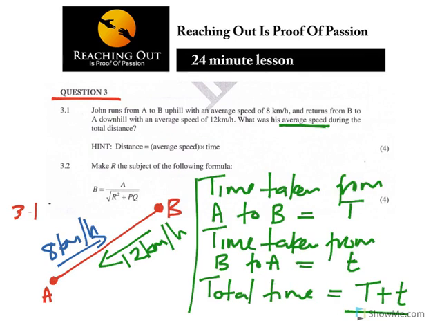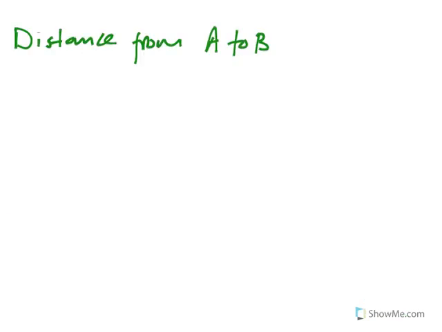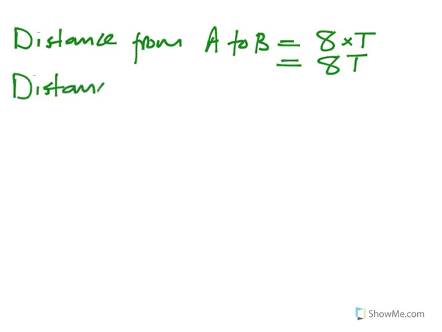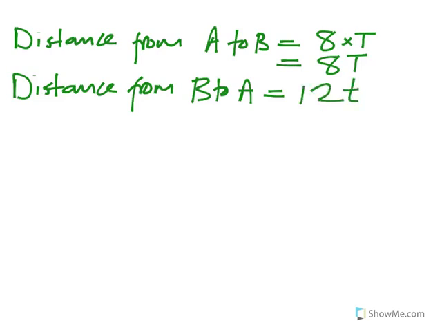And the time from A to B, we said is capital T. So, distance from A to B is 8 times T, which is equal to 8T. And then distance from B to A, using the same method, is 12 with a small t, so it's 12t. Remember these two. So the distance is 8T and the other distance is 12t.